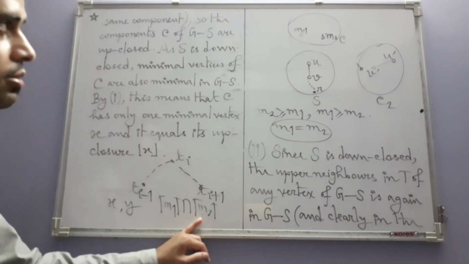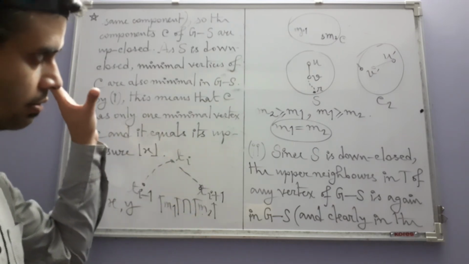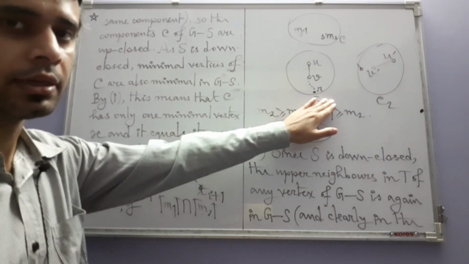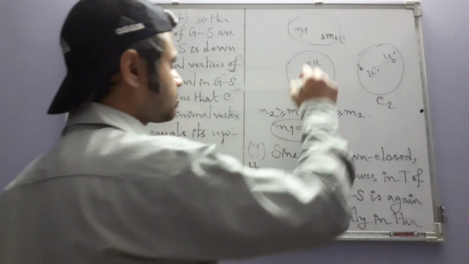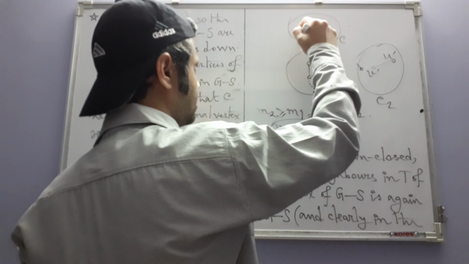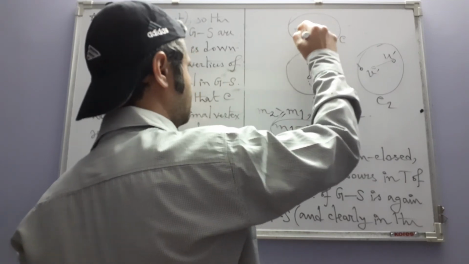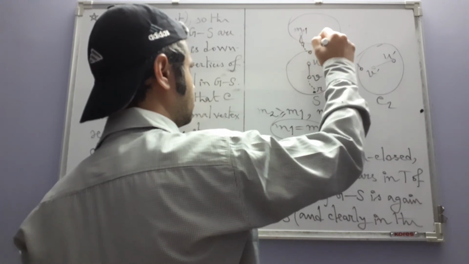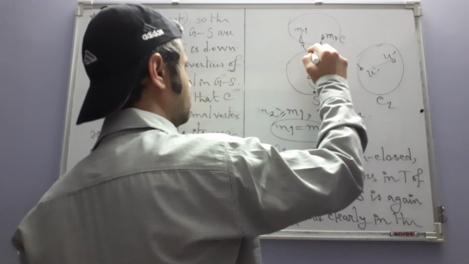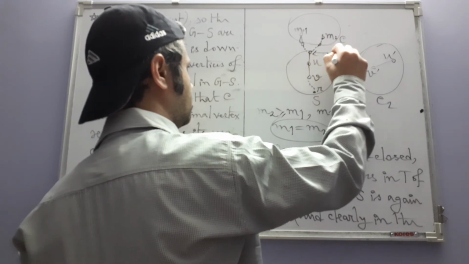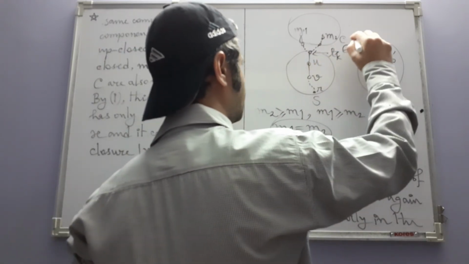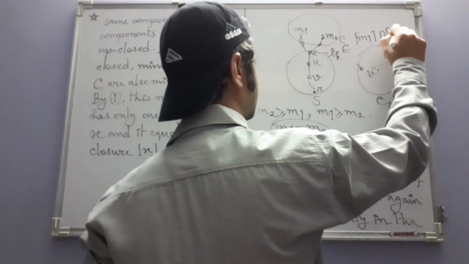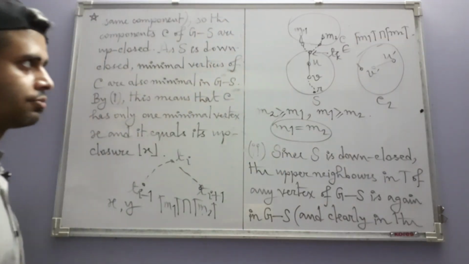Now this set means what? This set in the actual tree before deleting S, okay, but you can understand that before deleting S the situation will be like this. This is that Tk, where M1 intersection M2, the intersection of these down closures.